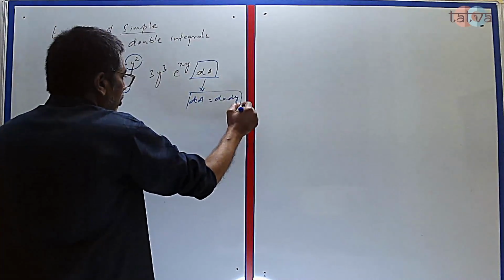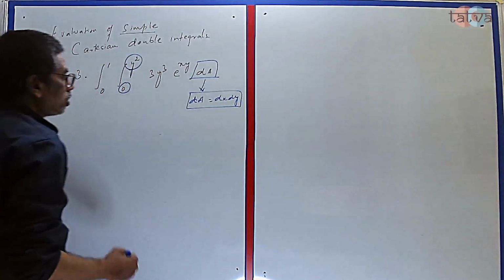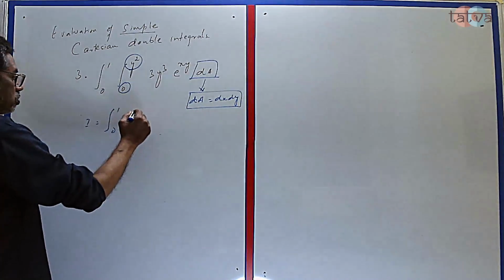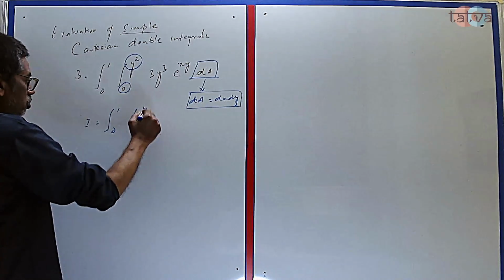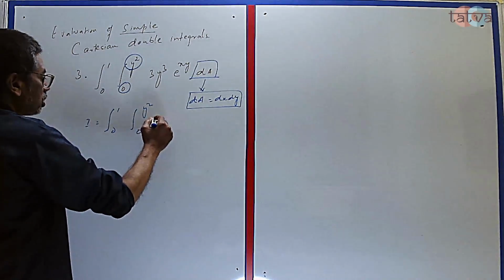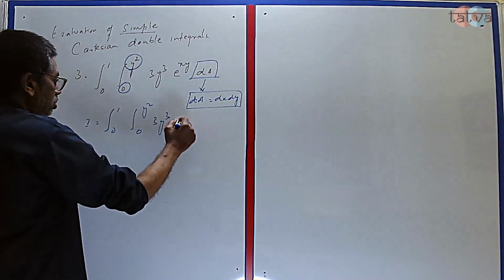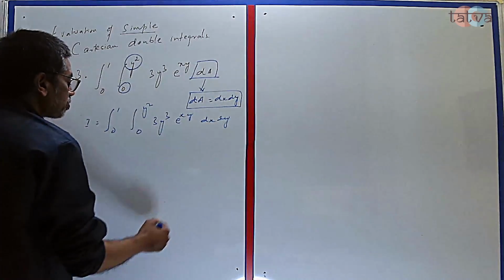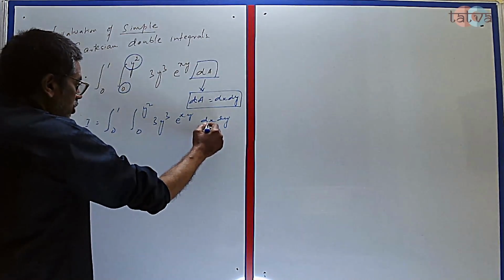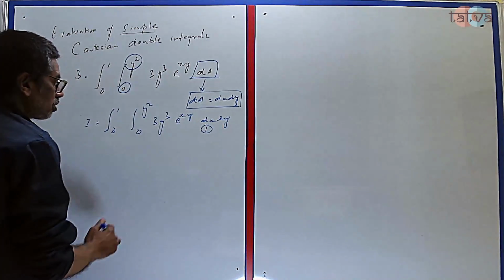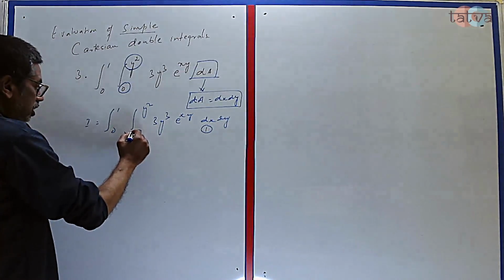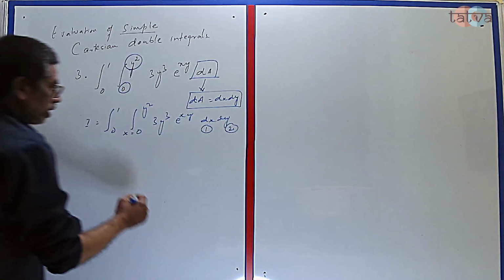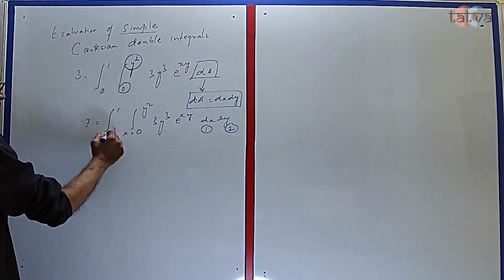Accordingly, we will have 0 to 1, 0 to y squared, 3y cubed, e power xy dx dy. Integration with respect to x will take place first, which means these are the limits for the variable x, followed by integration with respect to y. So these will be the limits for the variable y.